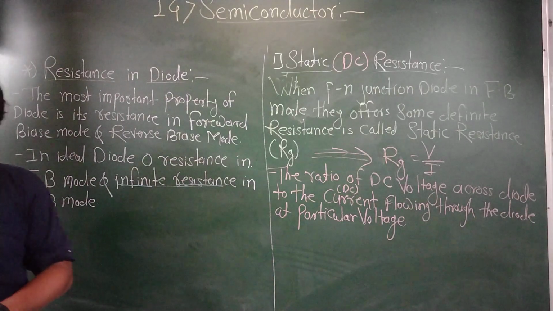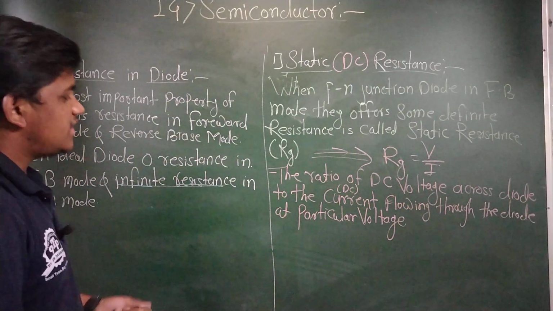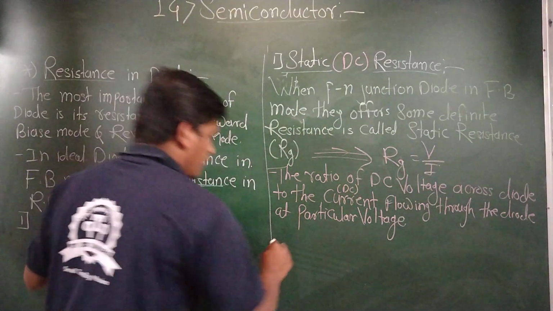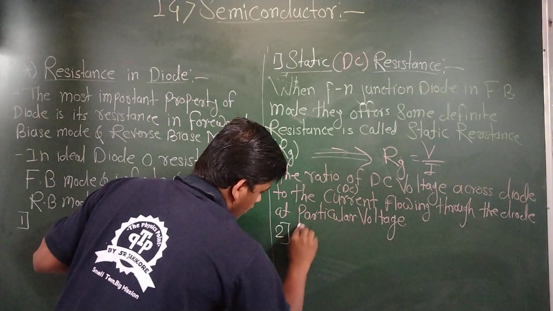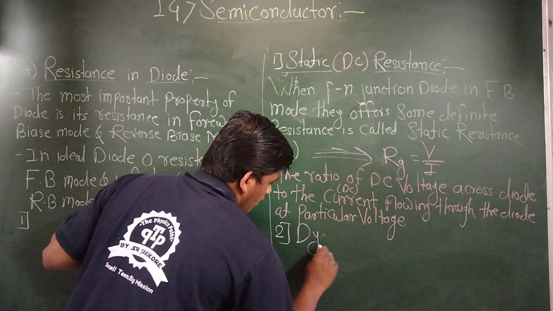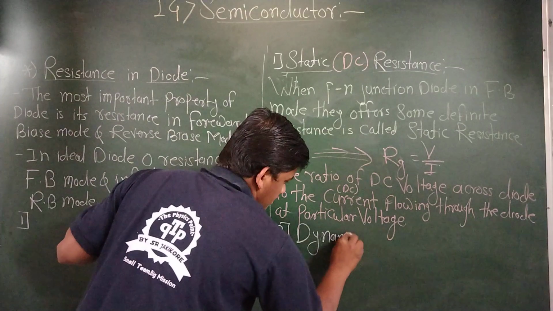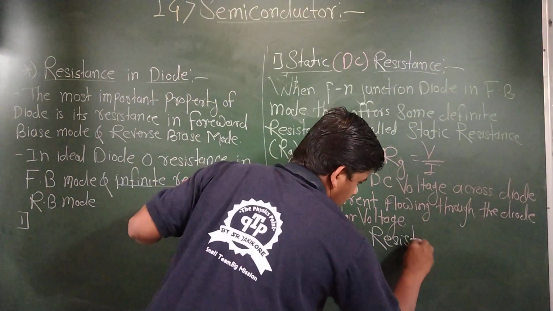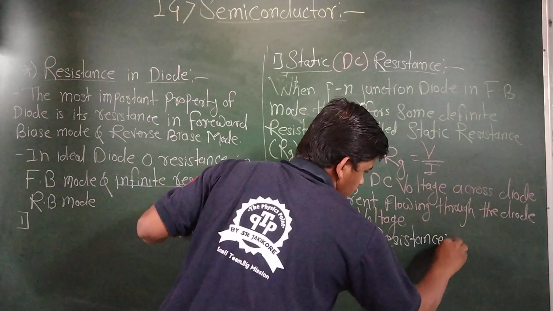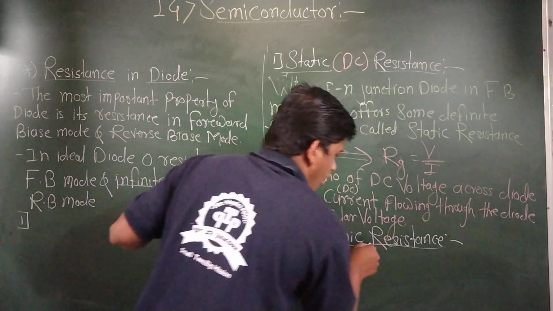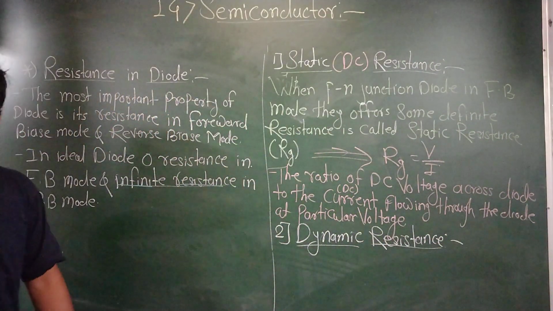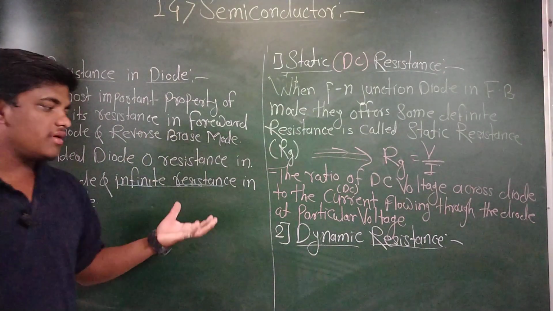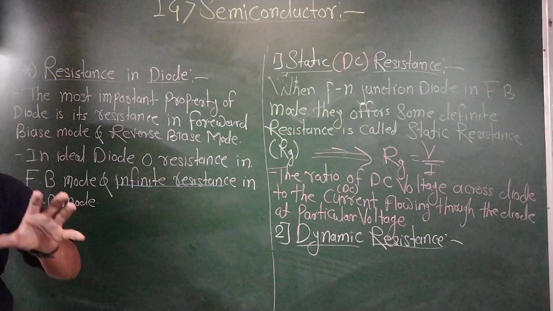The second one is dynamic resistance, or AC resistance. It is the reciprocal of the slope, which we can calculate from the IV characteristics.